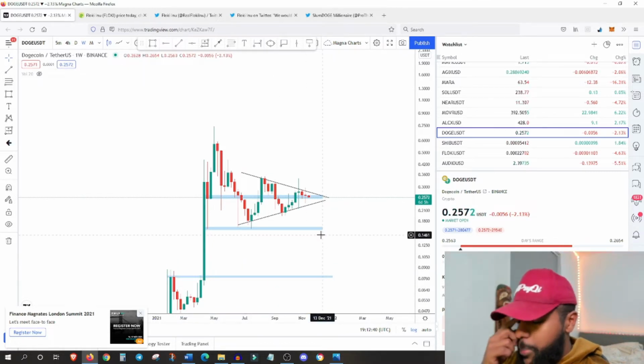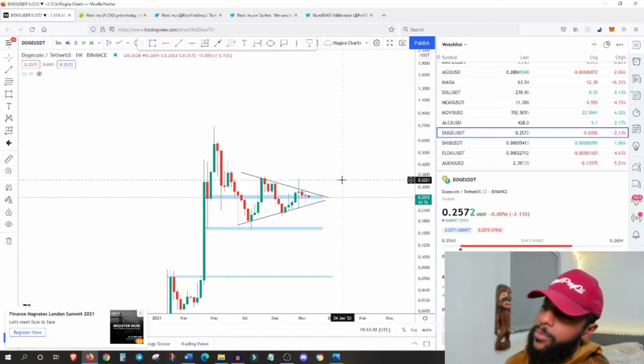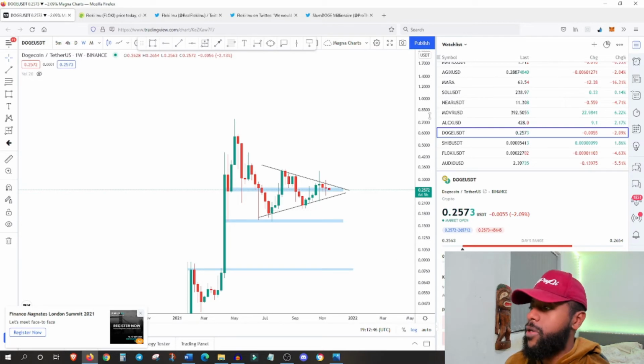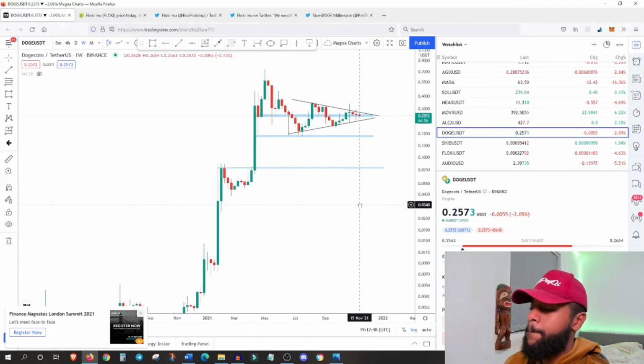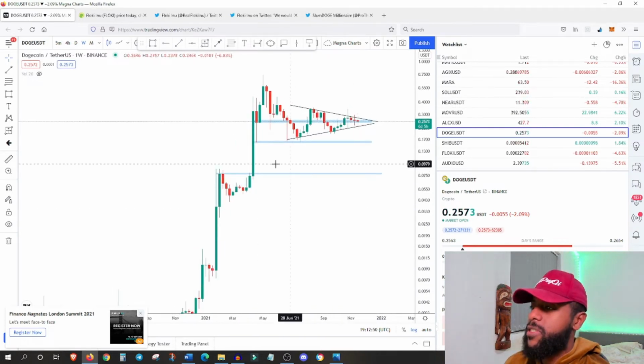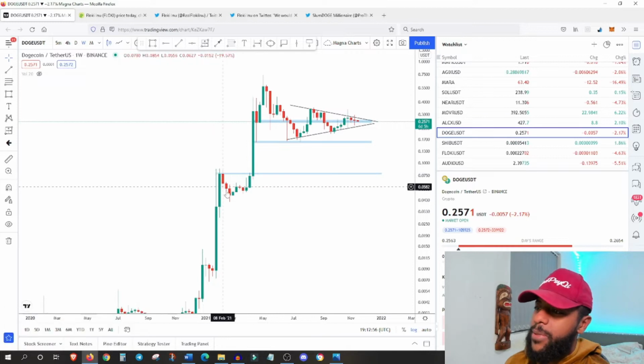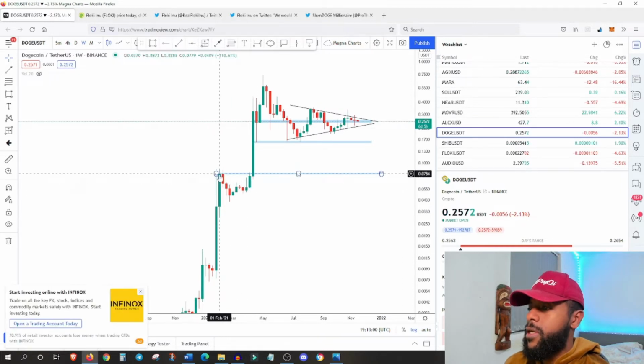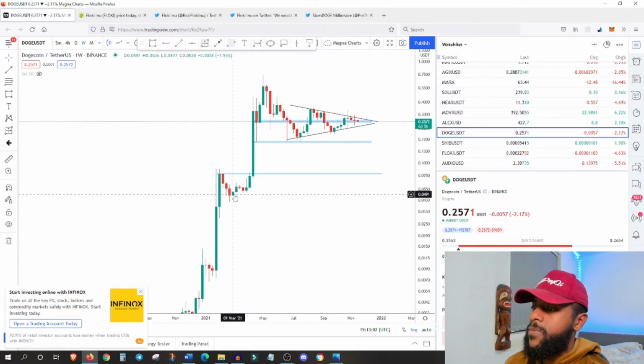Now, obviously the tricky thing with the meme coins is technical analysis sometimes can go out the window. But having said that, looking at some of the recent price action, you can see a lovely, somewhat, I wouldn't say cup and handle, just a kind of rounding formation, correction, followed by building up, and then a massive break to the upside.